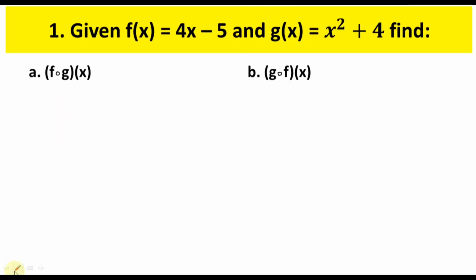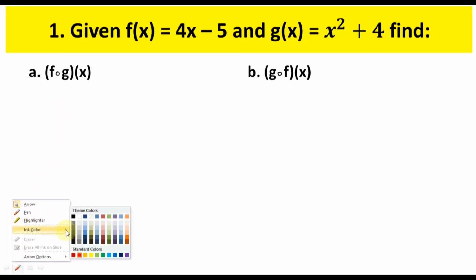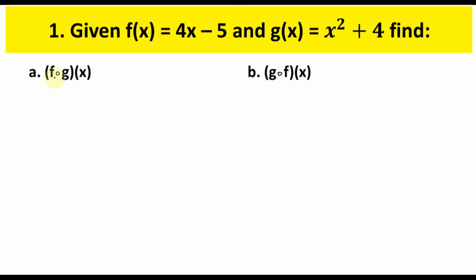So in order to solve for the composition of the given function, first tingnan natin yung formula. So letter A, we have the composition of f with g of x equals, formula niyan is f times the quantity of g of x. Next, we need to find the given.